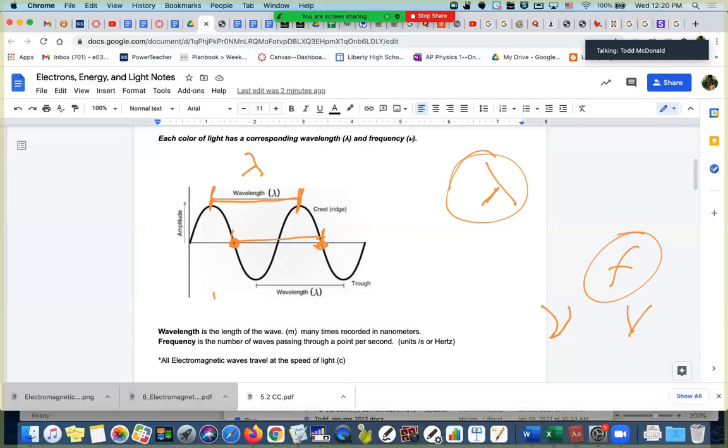So the more waves pass that point per second, the higher the frequency. Fewer waves pass, the lower the frequency. The units for frequency are going to be per second. A lot of times we'll see it written as slash seconds or s to the -1. That means 1 over seconds, right? Or really the unit commonly we talk about is hertz.